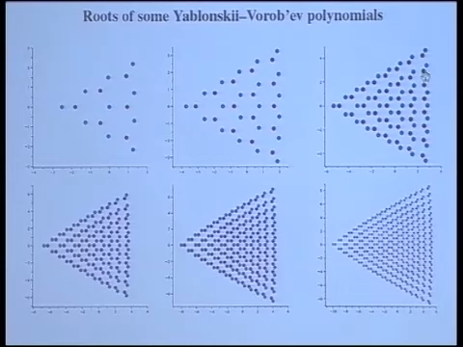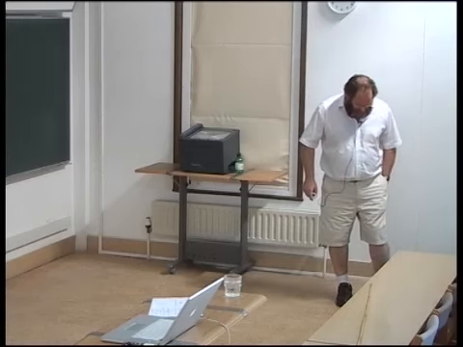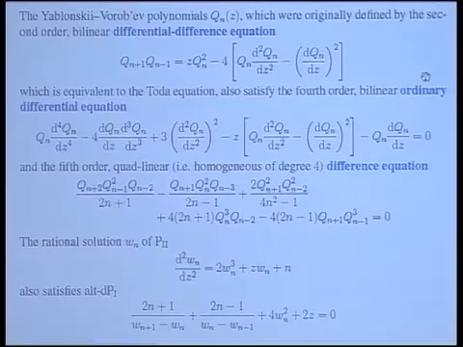So we found these regular structures, and in fact, I think that one is one of the ones that appears in the figure by Hassan Aref. Now, to relate it to the programme, you need to have some difference equations of some form. And the Yablonskii-Vorob'ev polynomials were originally defined using this bilinear differential difference equation.